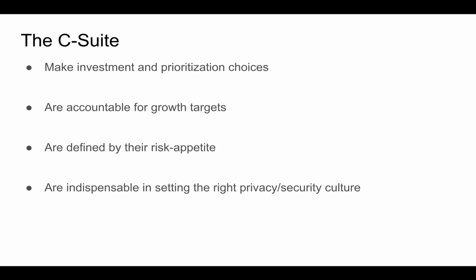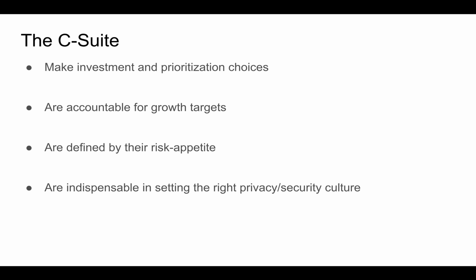And then, of course, you have the C suite. These are the folks who are not part of the day to day decision making at the tactical level, but when it comes to the strategic level, they make investment and prioritization choices. They are accountable for growth targets. That is, when Wall Street wants specific numbers, they are accountable for that. When investors want a specific return, they're accountable for that. And therefore, they have to balance the two of these together and are essentially defined by their risk appetite.